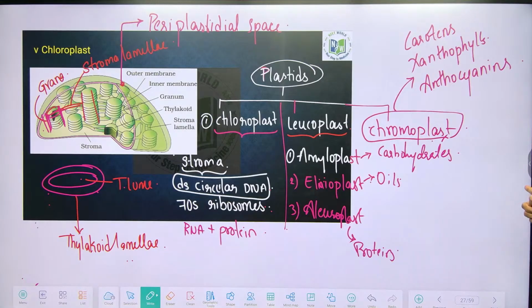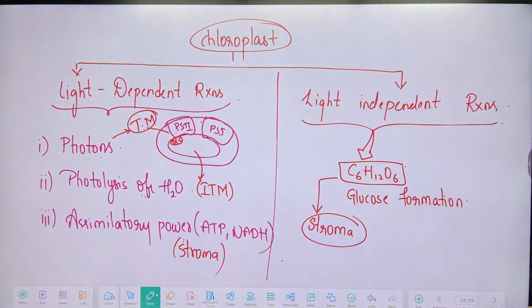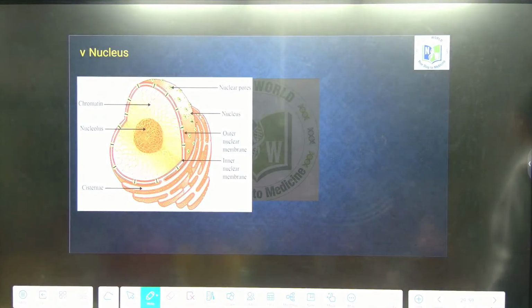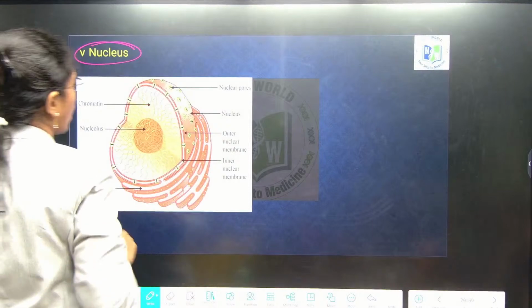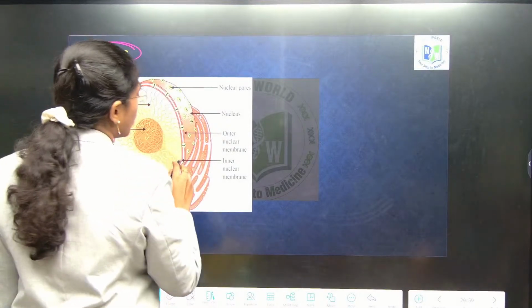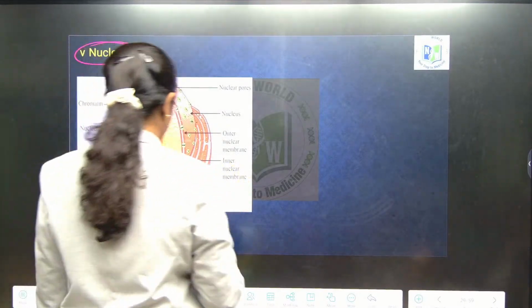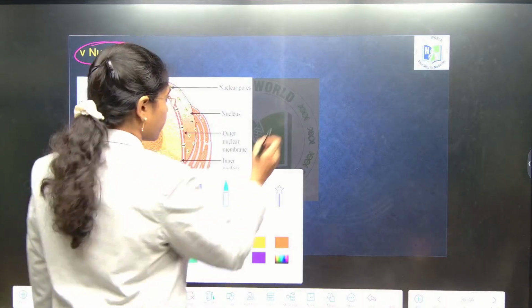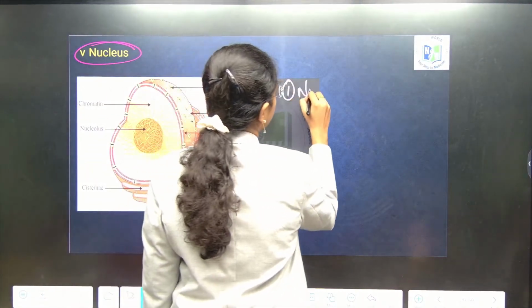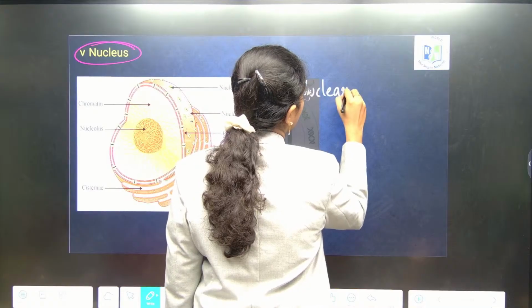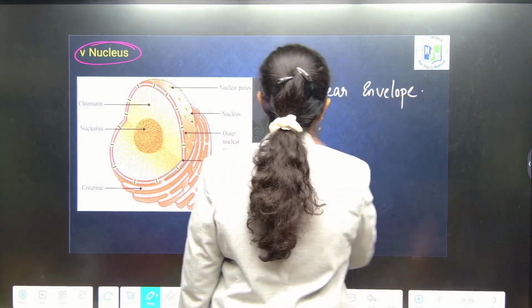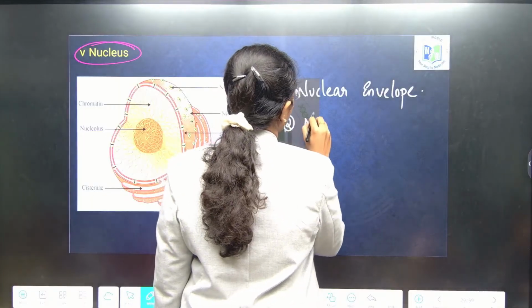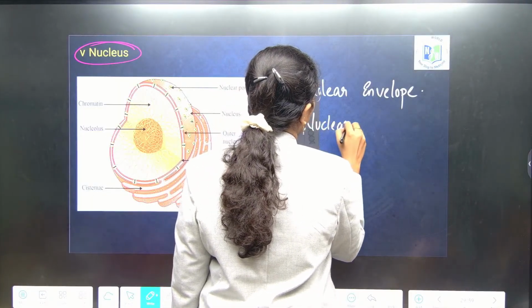Fine, right? This is clear. Next is about nucleus. Nucleus has four components. One is nuclear envelope. Second, nuclear pores.